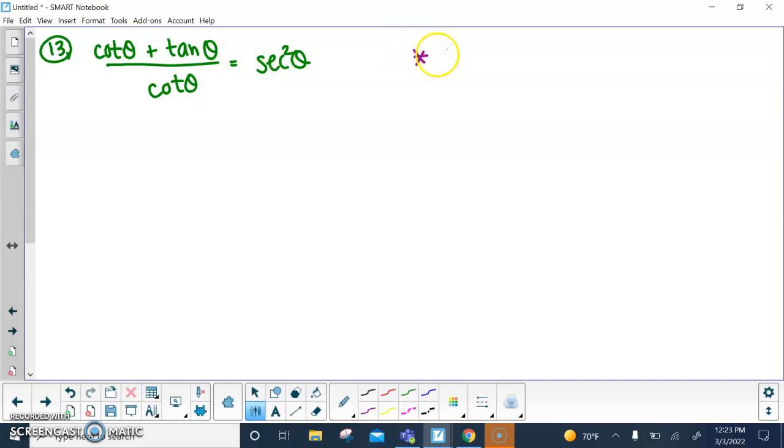In general, y'all, what you want to do is deal with the complicated side first. So you want to deal with the harder side, so that hopefully you can rearrange the harder side to match the easy side.